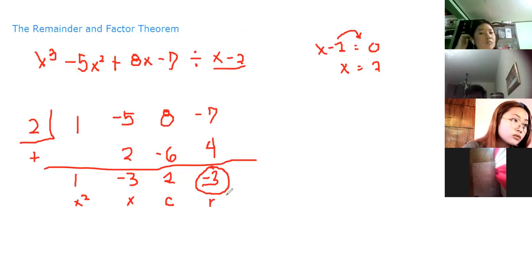Now, dito, pwede natin malaman by this method, substitution method. Diba we have the P of x.